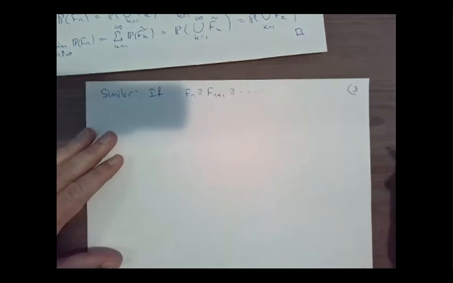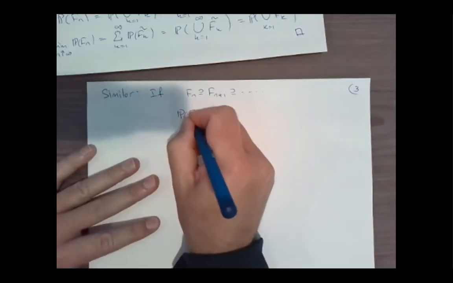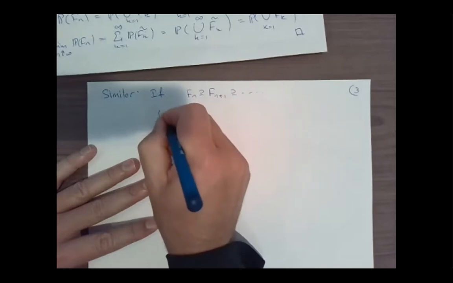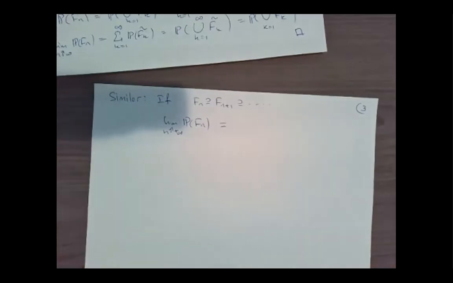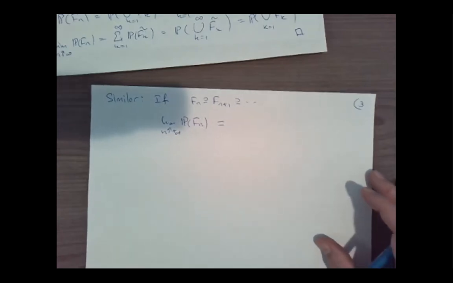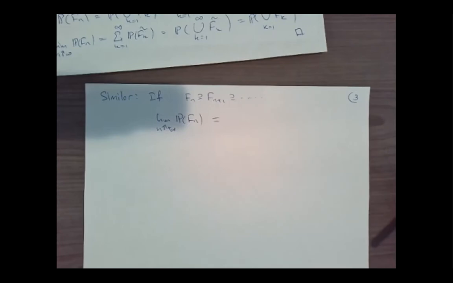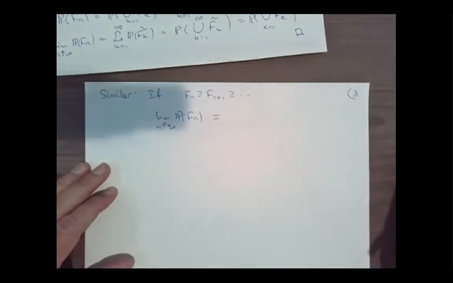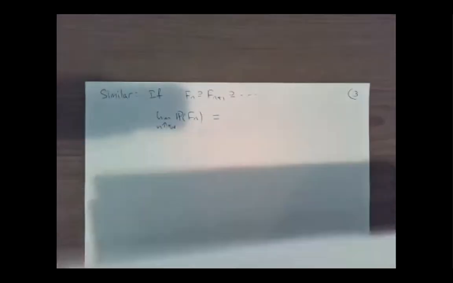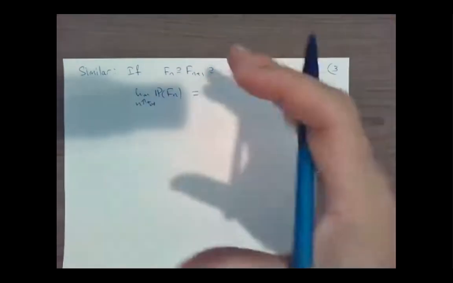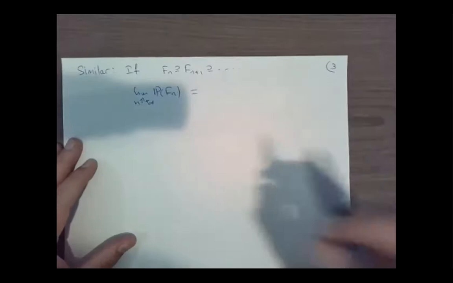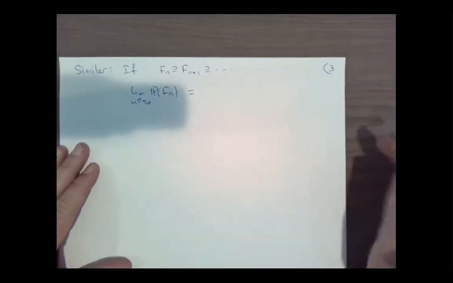So if we have that, and we're interested in the probability of Fn and then taking the limit, any guesses on what this limit is going to be now? Flip it around, so I have a decreasing sequence of sets. As n gets bigger and bigger, these sets get smaller and smaller. What do we get here?